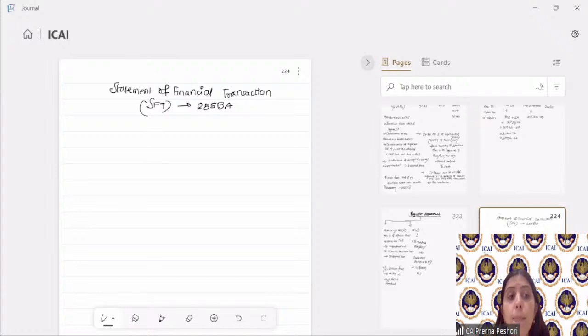So if the bank comes to know that a payment is made by a person of 1 lakh or more in cash, or 10 lakh or more to the credit card company, then the credit card company will report the PAN of that person to the income tax department. Or if a person is purchasing rupees 10 lakh of bonds or debentures, the company issuing the bond or debenture will report the PAN of that person.